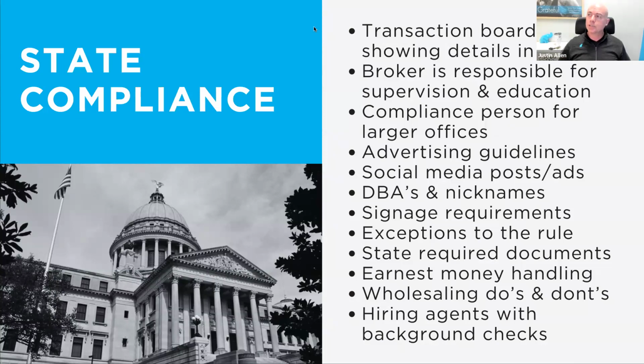With the transaction board, you don't want to have all the transactions up: what is closed, what the purchase price is, who the client's name is, all that kind of pertinent information displayed in your office. The reason is, let's say a deal falls through and somebody else in the office who wasn't part of that deal sees it was under contract for $344,000.